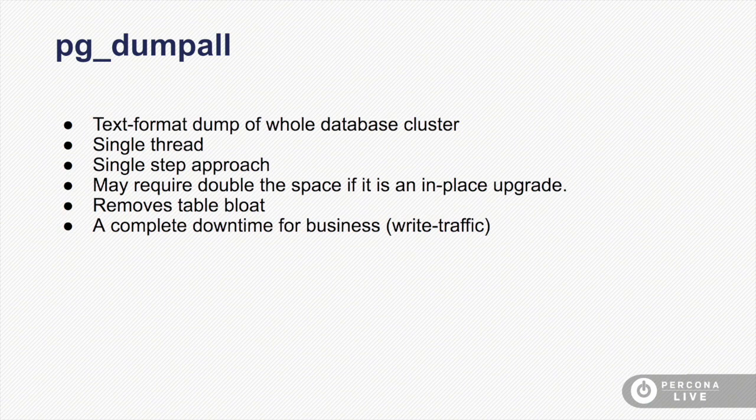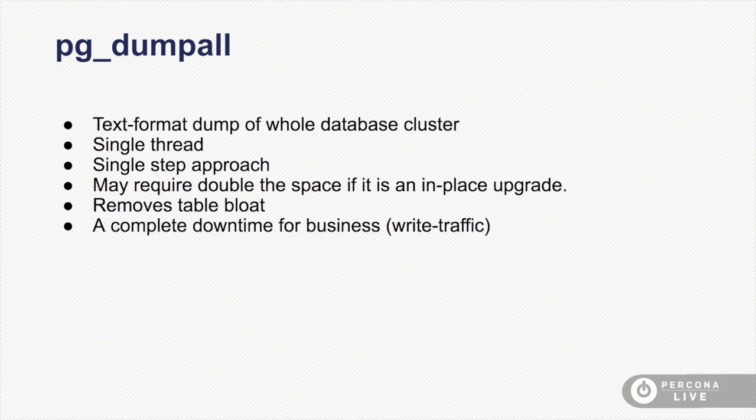And you could pipe it to the target, which may be a different server or the same server as the current production server. You could, of course, copy it, but you need to have additional disk space. So when you proceed with this approach, you need to have additional disk space. If it's a 1 terabyte database server, you need to have another 1 terabyte.